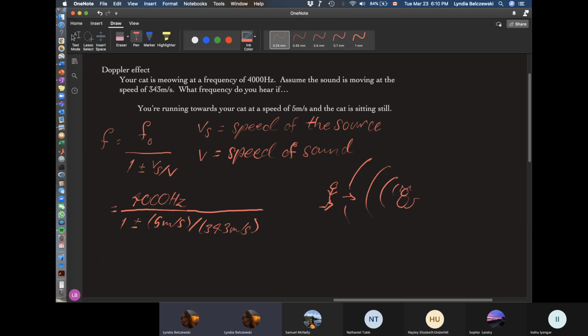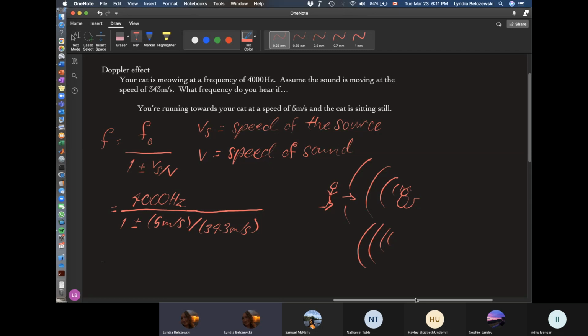And now, if you're going towards the cat, these sound waves are going to get squished together. So when you perceive them, you'll actually see them something more like this, if you'll pardon my sketchy drawing. Anyway, they'll get closer together.